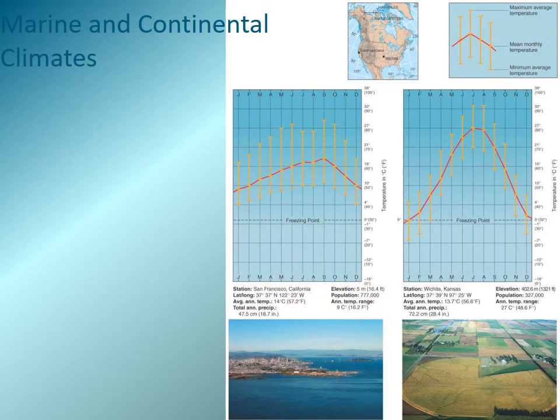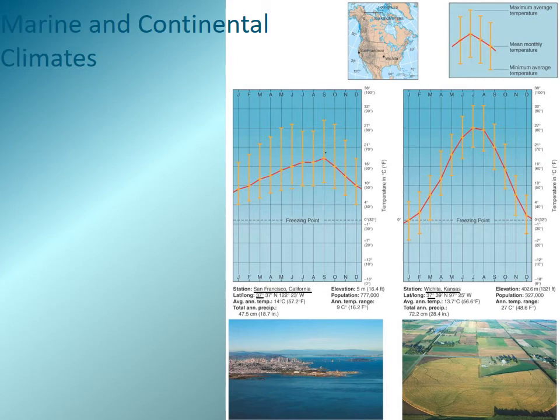So to put these two temperature controls in play, we have two cities: San Francisco, which many of you probably have been to because it's much closer, at a latitude of 37 degrees, and Wichita, Kansas, at the same latitude. The elevation is not much different between the two. What's different is that San Francisco is along a relatively cold body of water, whereas Wichita, Kansas is almost in the exact middle of our country.